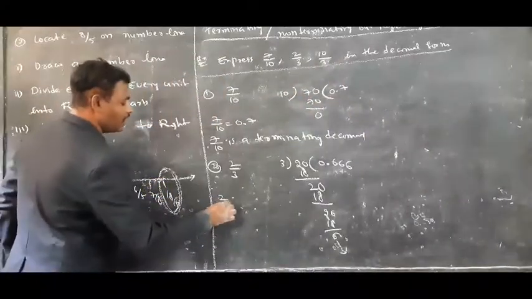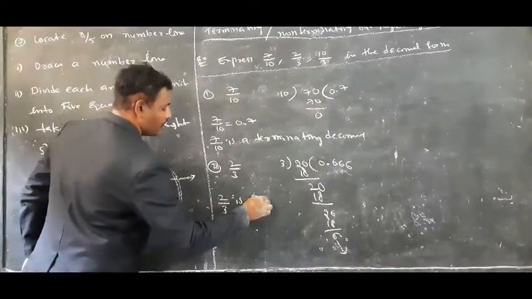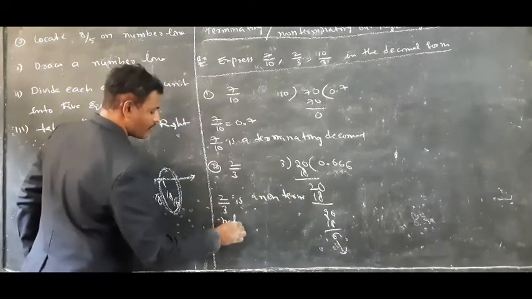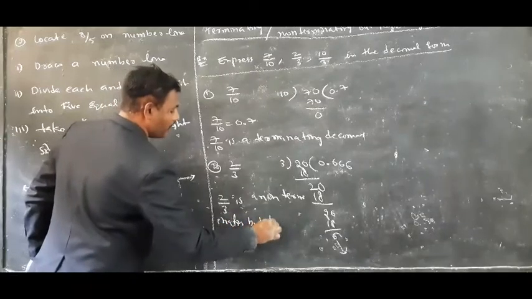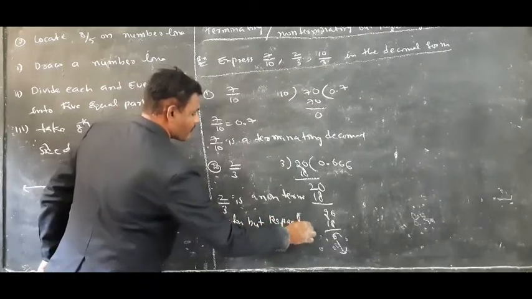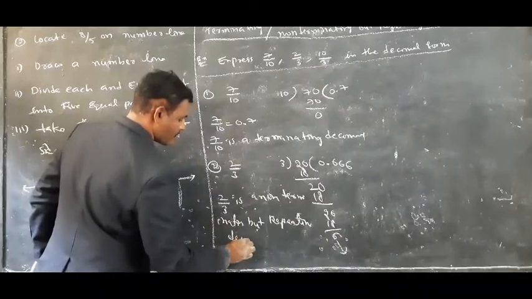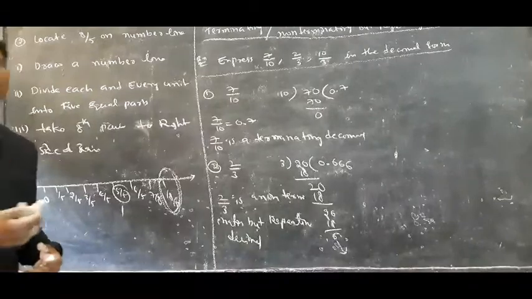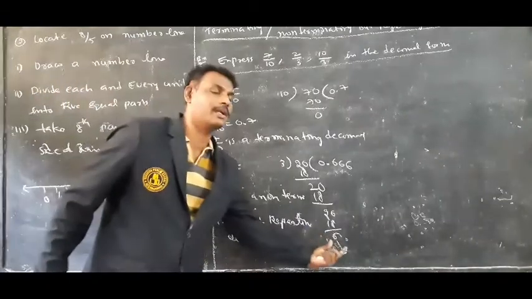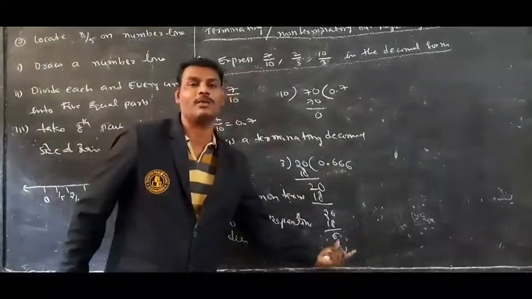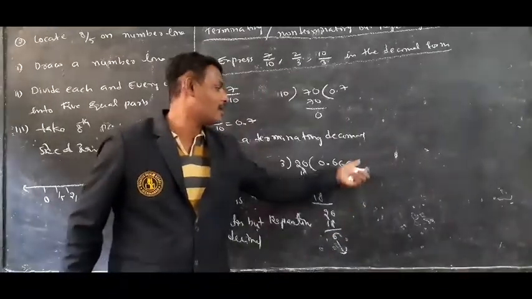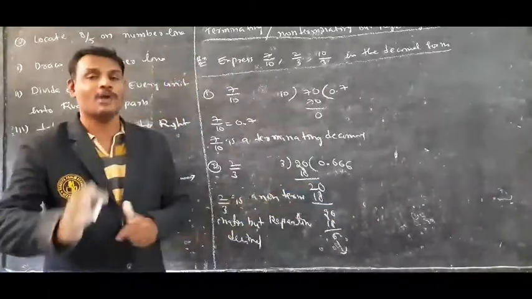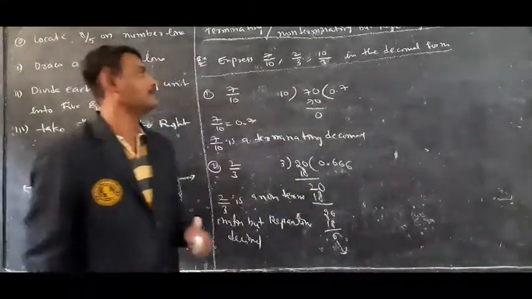Now 2 by 3 is a non-terminating but repeating decimal. Why? Because I am not getting remainder 0, which means it is non-terminating, but every time 6 is repeating.